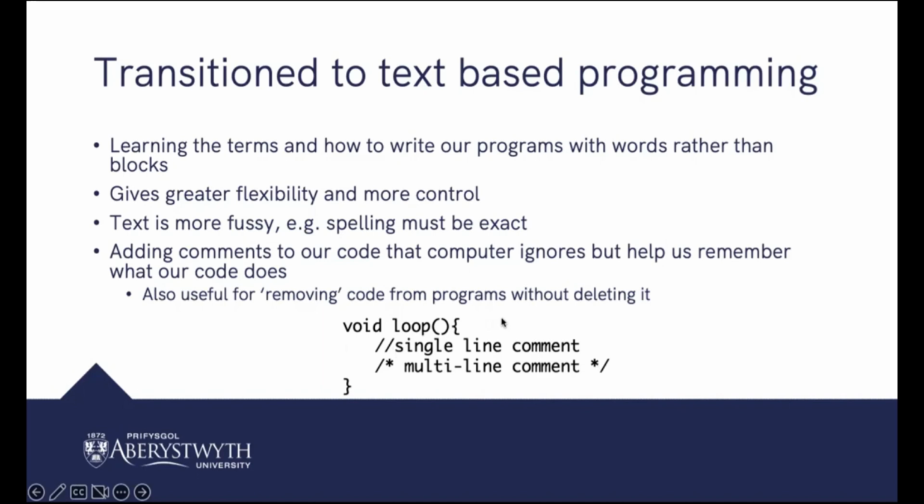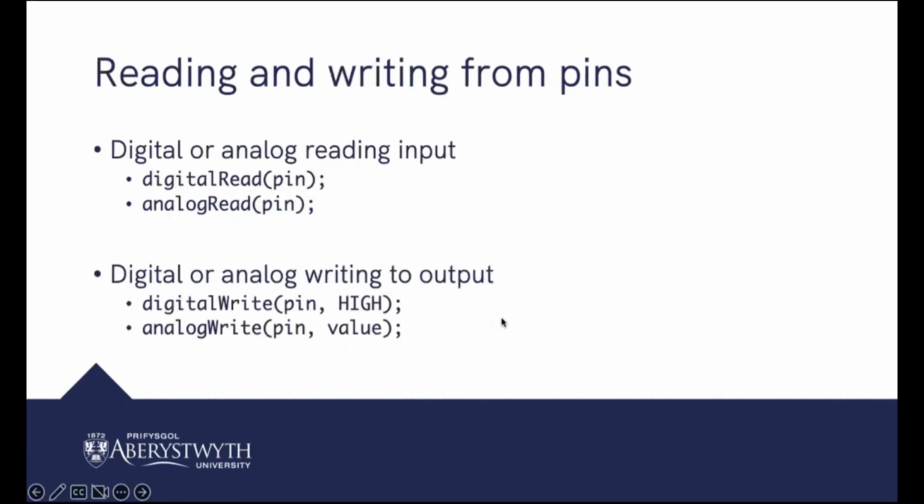So, introducing text-based programming. And of course, as part of the text-based programming, we're using an Arduino. We're connecting our sensors. We have sensors connected to the Arduino. We have outputs connected to the Arduino. So we need to be able to read and write from those pins. Now, of course, we also need to tell it what mode those pins are in, whether they're in input or output mode.